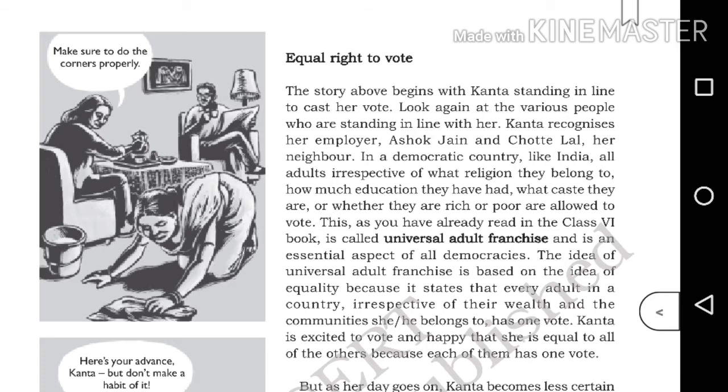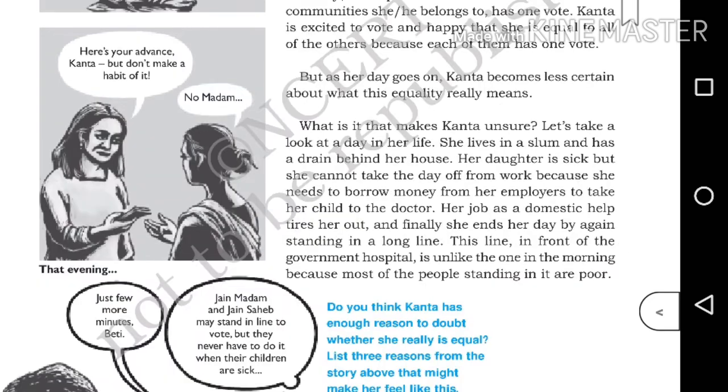So it is very essential for a democratic country, and even in India we are following this universal adult franchise. Irrespective of all the backgrounds of a person, he or she has the ability to cast their vote. Okay, and only one vote is allowed to all the people.